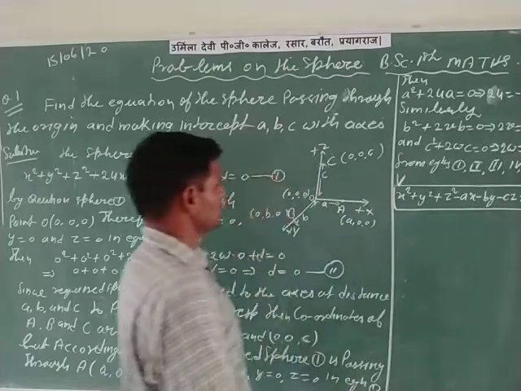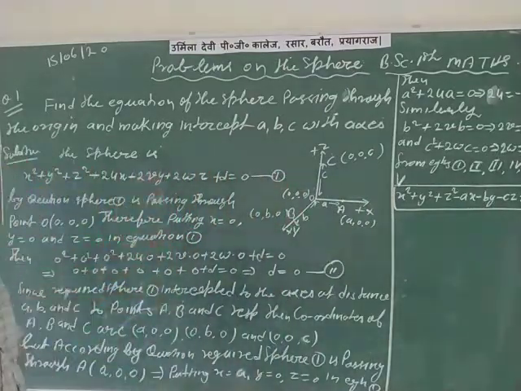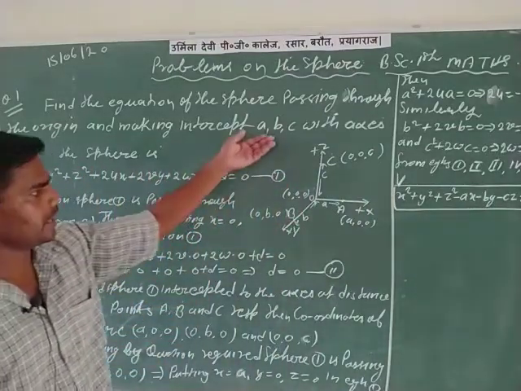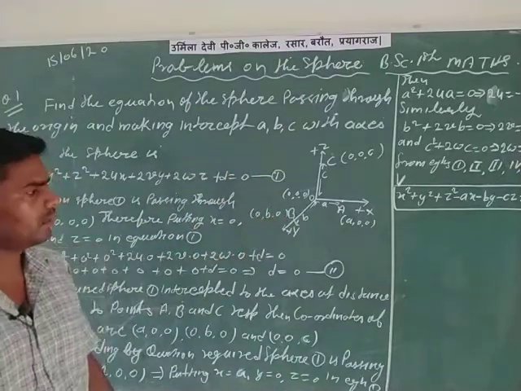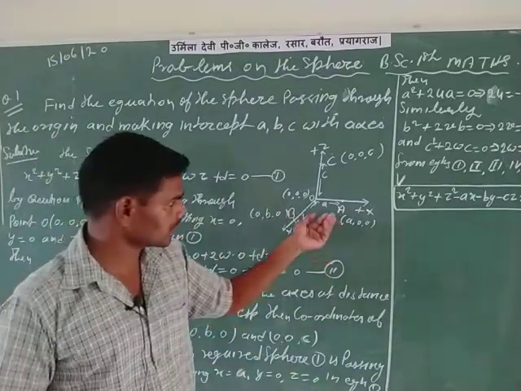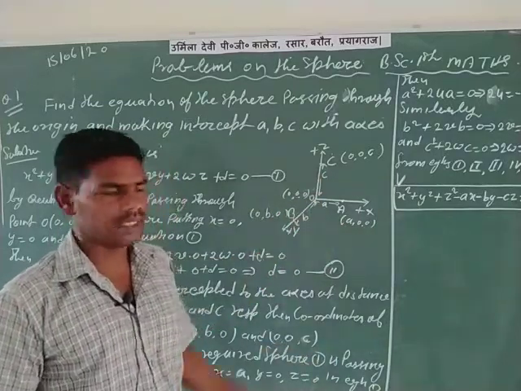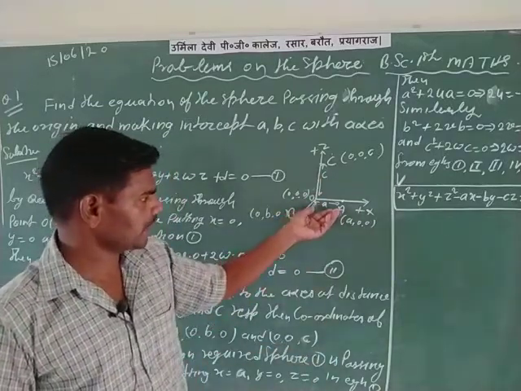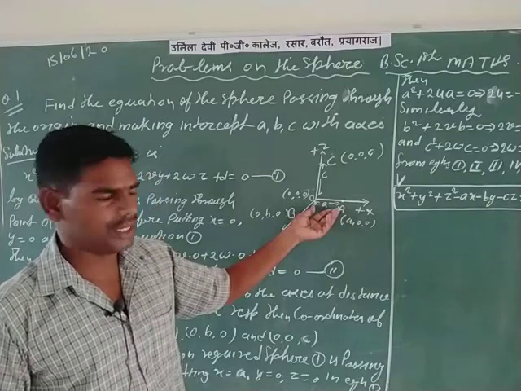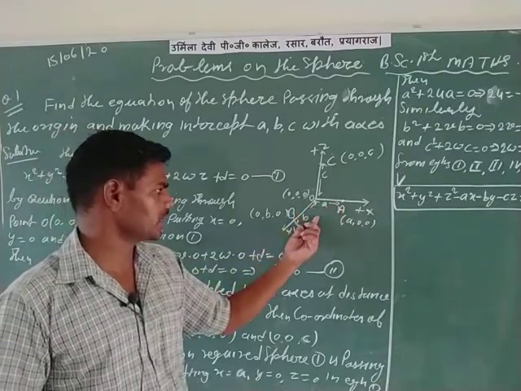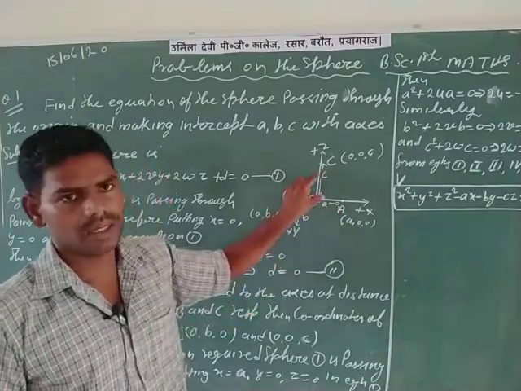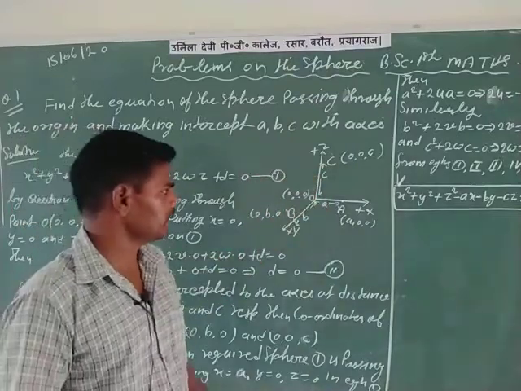In question first, it is given that a sphere intercepts the axes, suppose the intercepting points are capital A, capital B, capital C, at distance small a on the x-axis, b on the y-axis, and c on the z-axis.